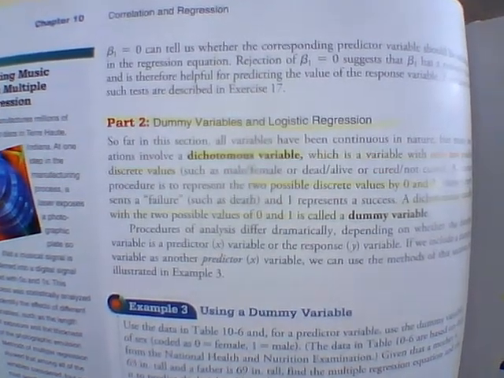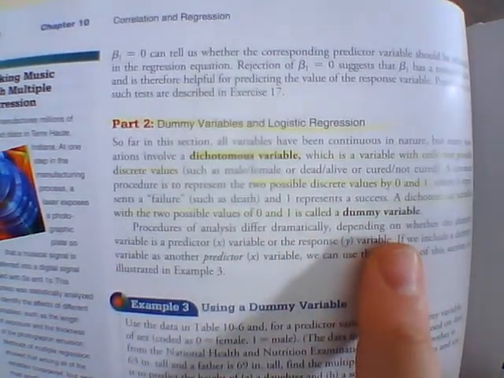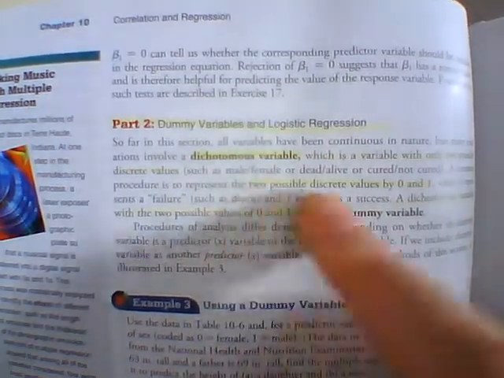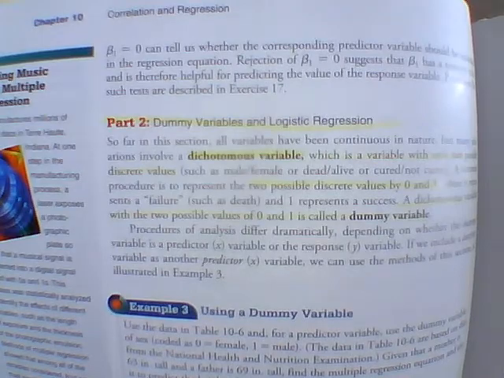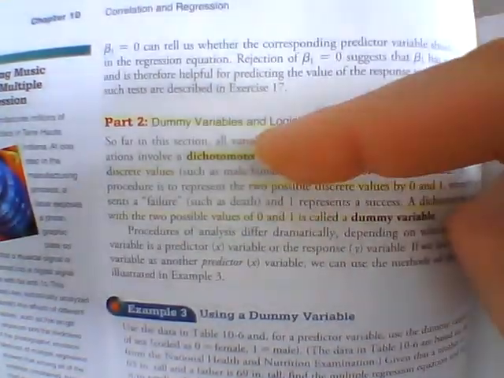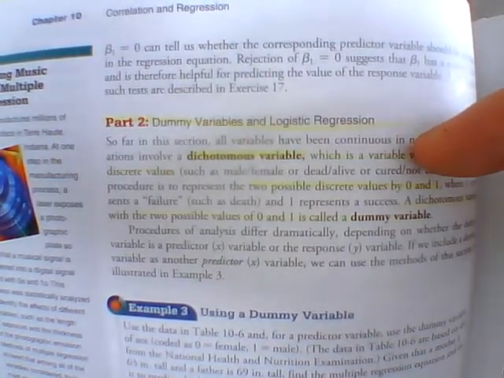So we start talking about the values within here. When we talk about this dummy variable, or basically dichotomous variable, which is a variable with only 2 possible discrete values. Okay, so they talk about male, female, dead, alive, cured, not cured.